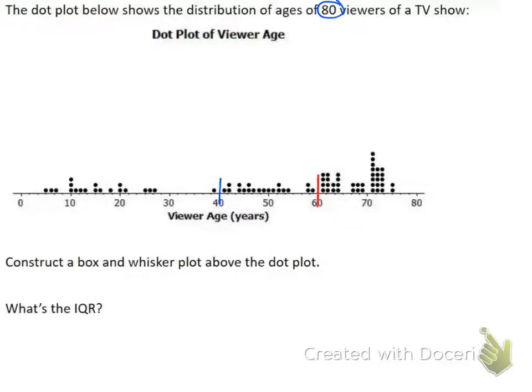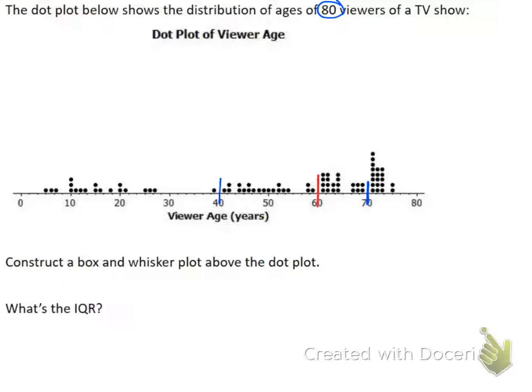So this is going to be my lower quartile, or that second point on my box and whisker plot, where my box starts. And then I can do the same thing with the upper half. Count to find the 20th dot. The 20th dot is the second dot there, and so I know that this will be my fourth point, my upper quartile, the end of my box.